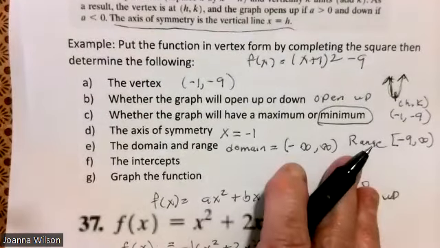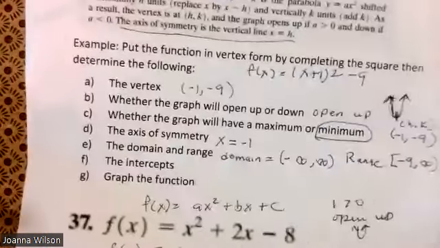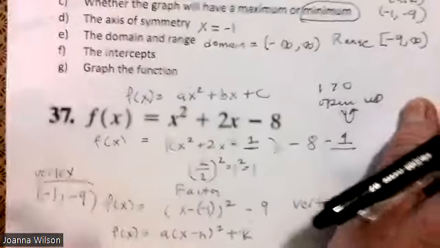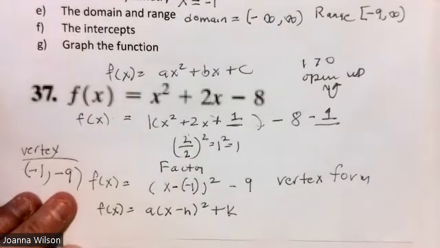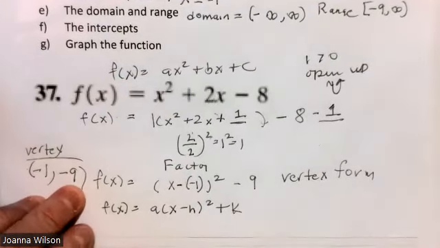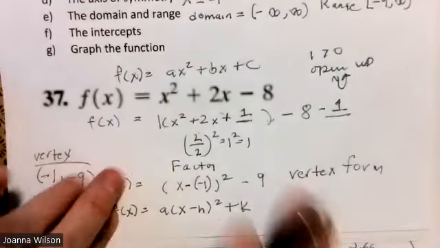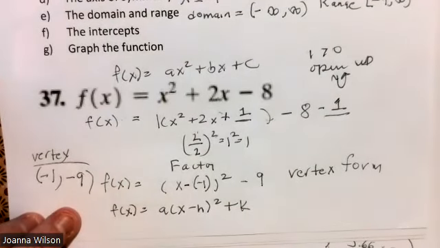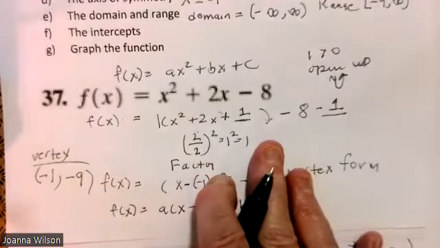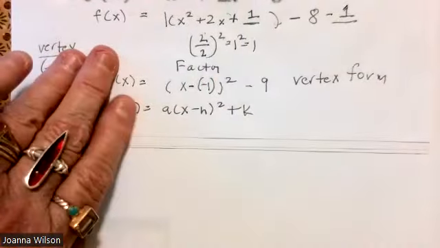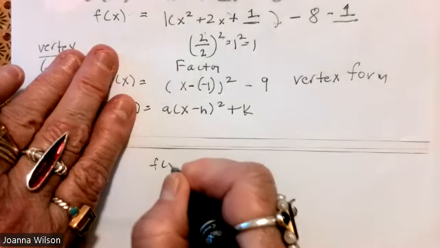The intercepts, well, we'll have to go find the intercepts. Since I've already got it in vertex form, it's fairly easy to find the intercepts, a little bit easier, I think. So let me see if I can move this down a little bit. So here is the function.